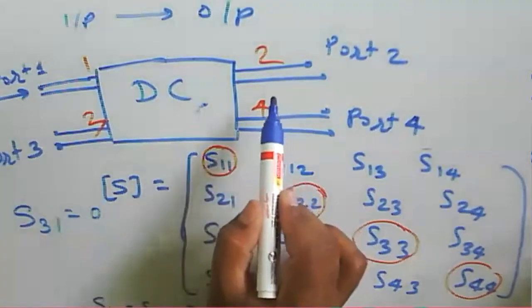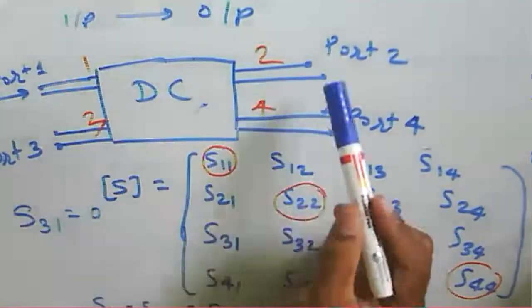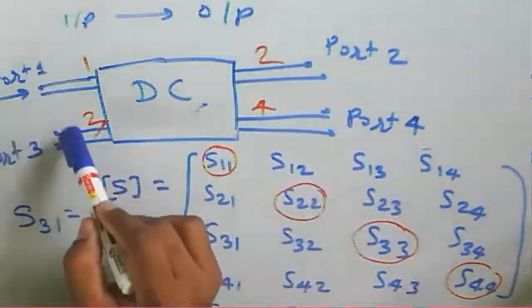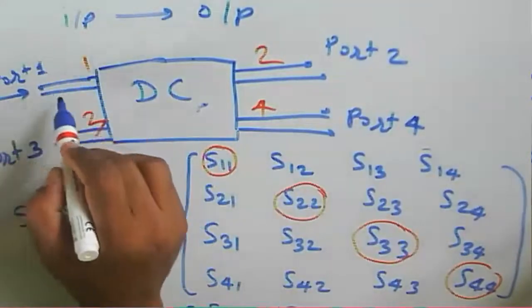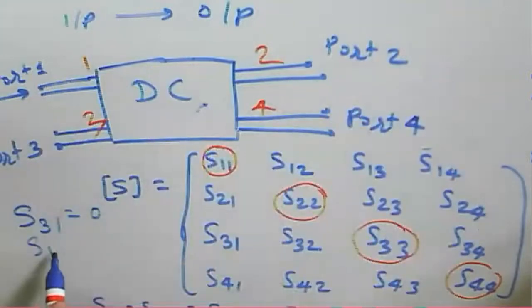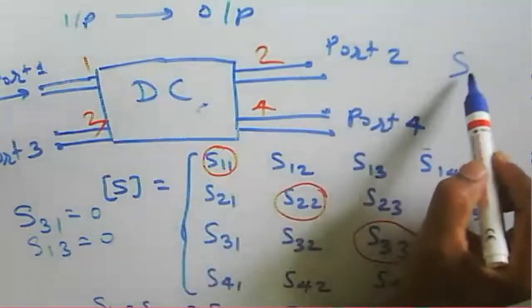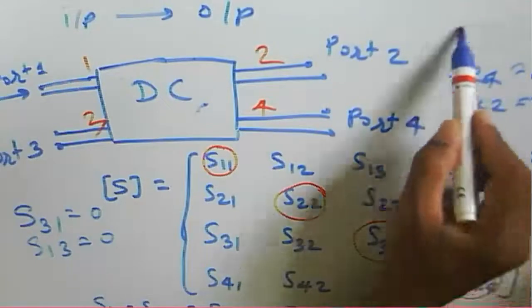Similarly, port 2 and port 4 are isolated. If we provide the input to port 3, no output will be available at port 1, for a forward coupler. So in that case, S13 is equal to 0. Similarly, S24 is equal to 0, S42 is equal to 0.